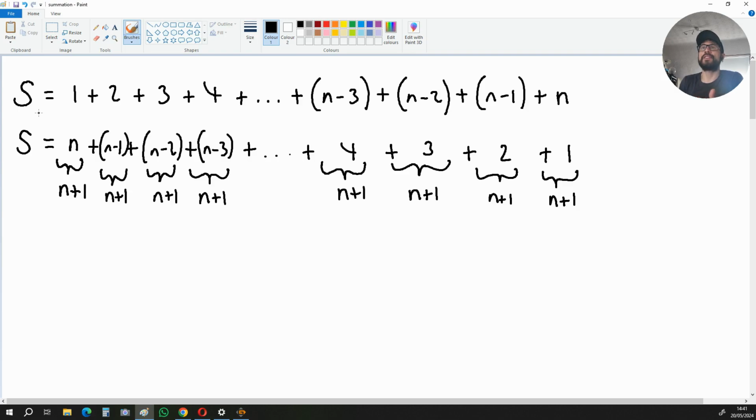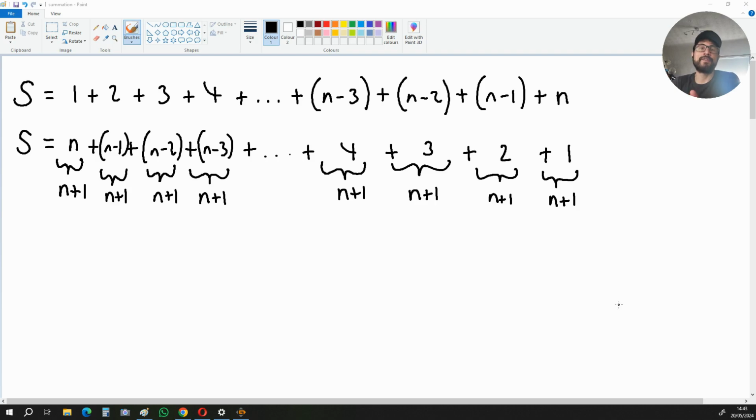So we have 2 of these sums, and they will produce n times n plus 1, because for this sum there are n terms. So if we add everything up, we get n times n plus 1.